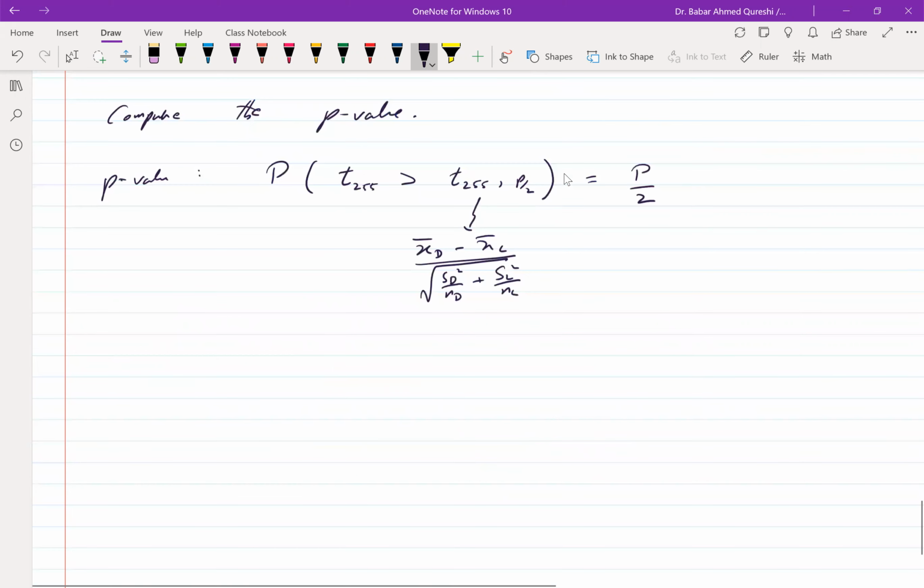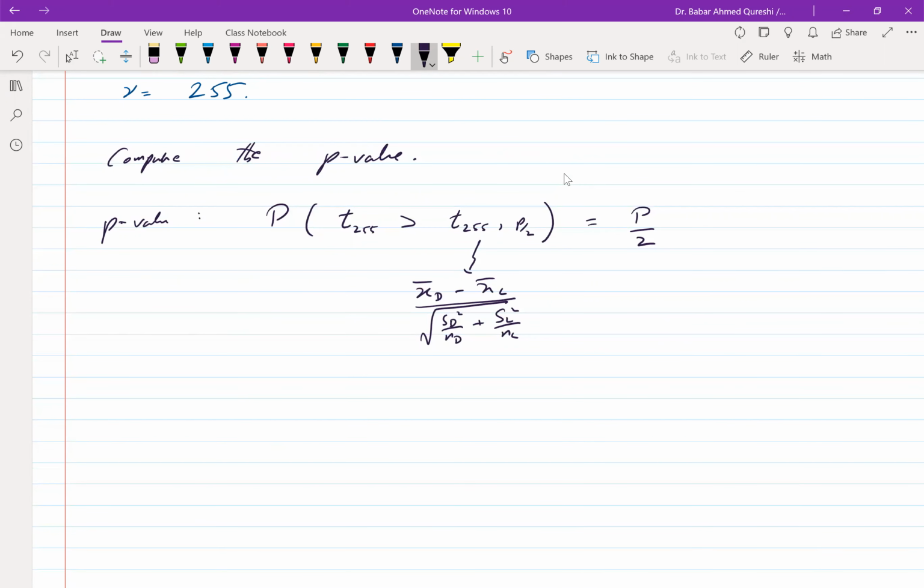Now, that's what you do to compute the p-value. You put this equal to what you get from the sample. So what do we get from the sample? We get SD squared. I have to compute this number.